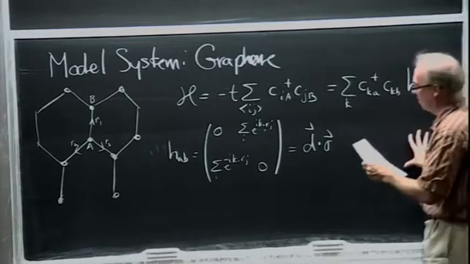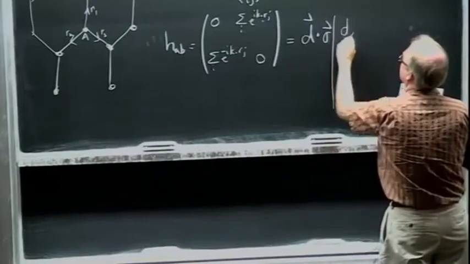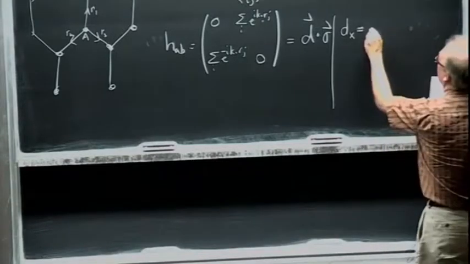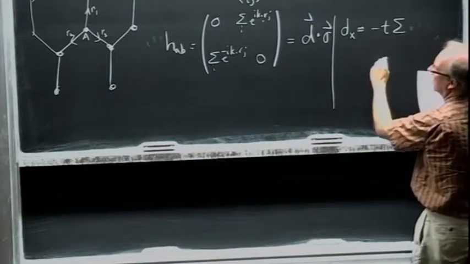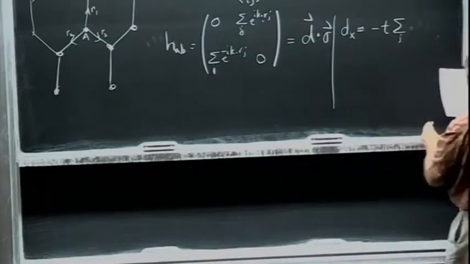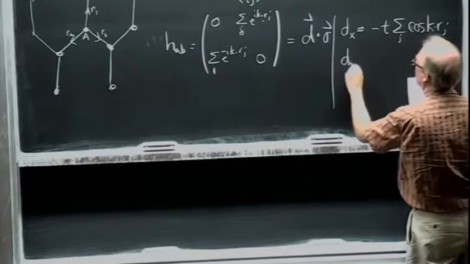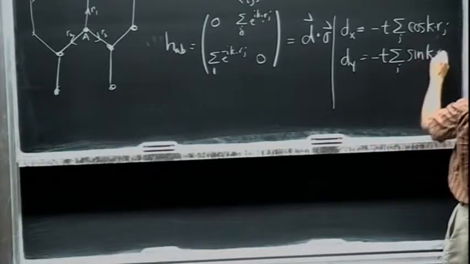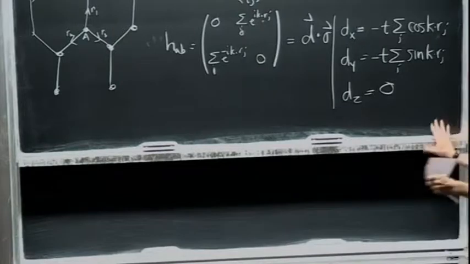And what we then conclude is that d_x is going to be equal to minus t sum on j. Okay, so this is pretty basic.